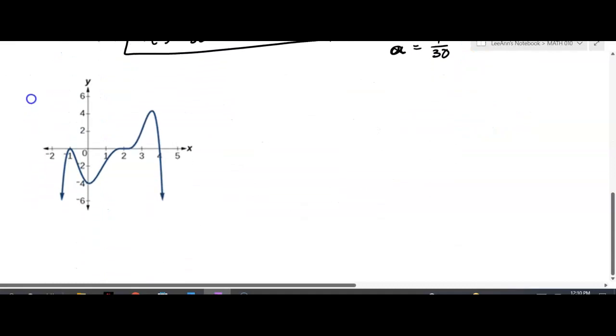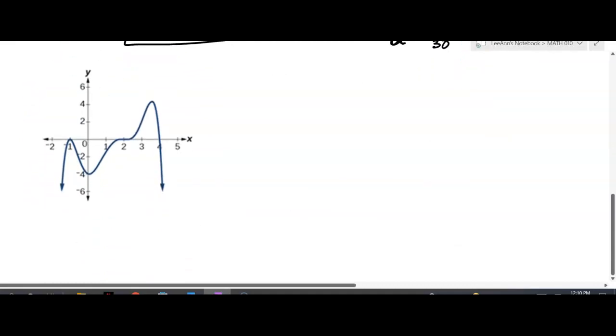Okay, so I thought if it were confusing, I would do another example. So we'll try another one. So we have x-intercepts at negative 1, 2, and 4. So our function is going to have factors of x plus 1, x minus 2, and x minus 4.